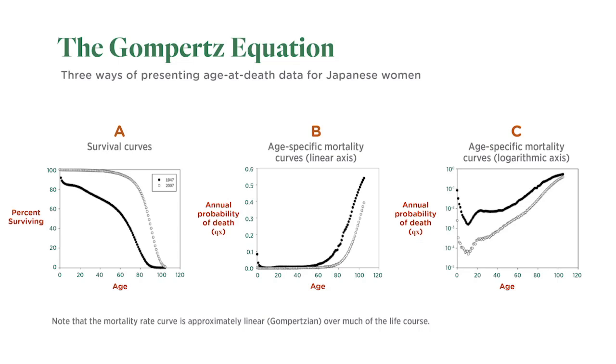So advances in nutrition and healthcare reduced childhood mortality rates in the intervening years between 1947 and 2007, leading to overall lower mortality rates, but not quite eliminating childhood mortality. That means the extrinsic hazard has been significantly reduced, but not quite eliminated. So we still see that rise in mortality rates very early on.